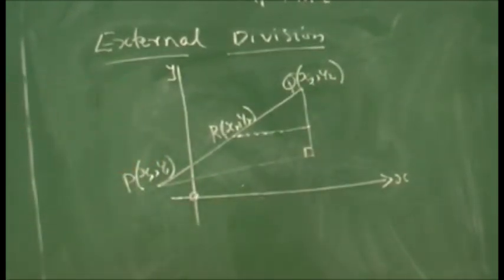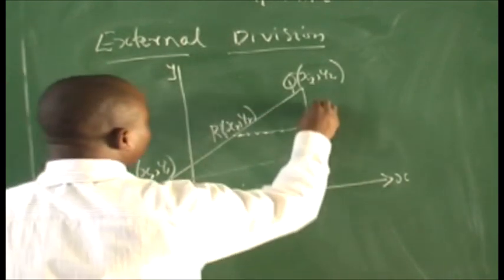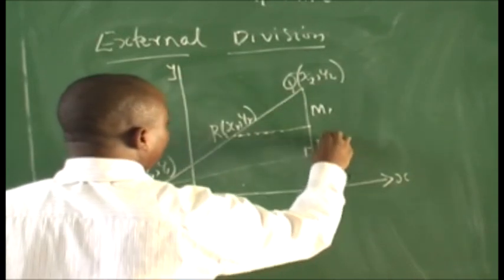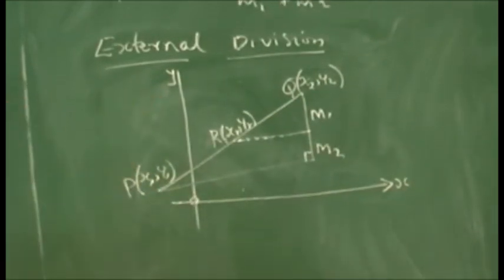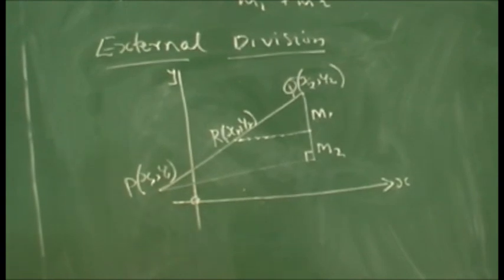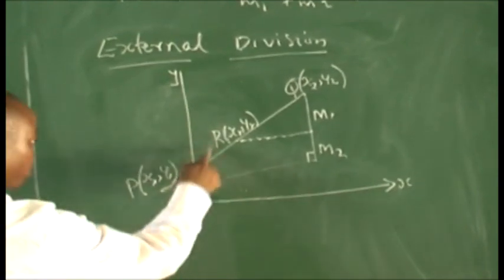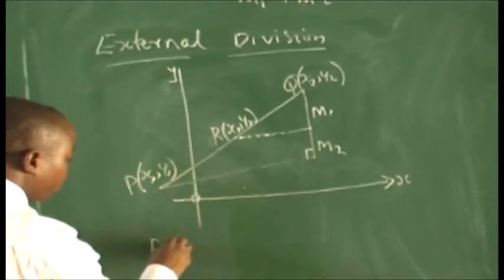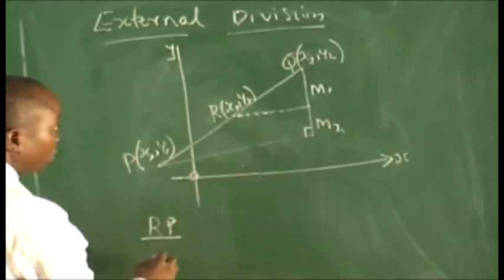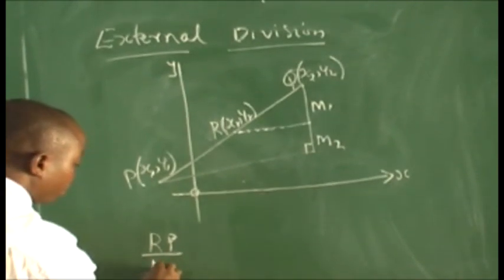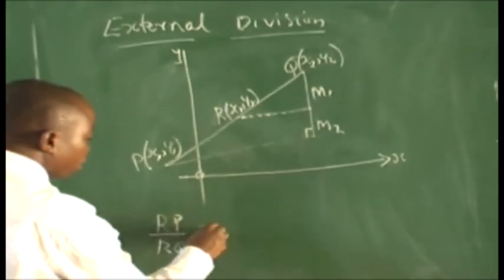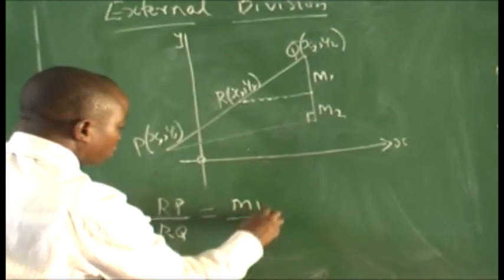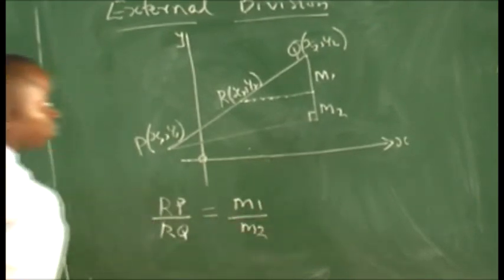Now we want to see how we can derive a formula for external division. So we have ratios also M1, M2, such that RP all over RQ will be equal to M1 all over M2.